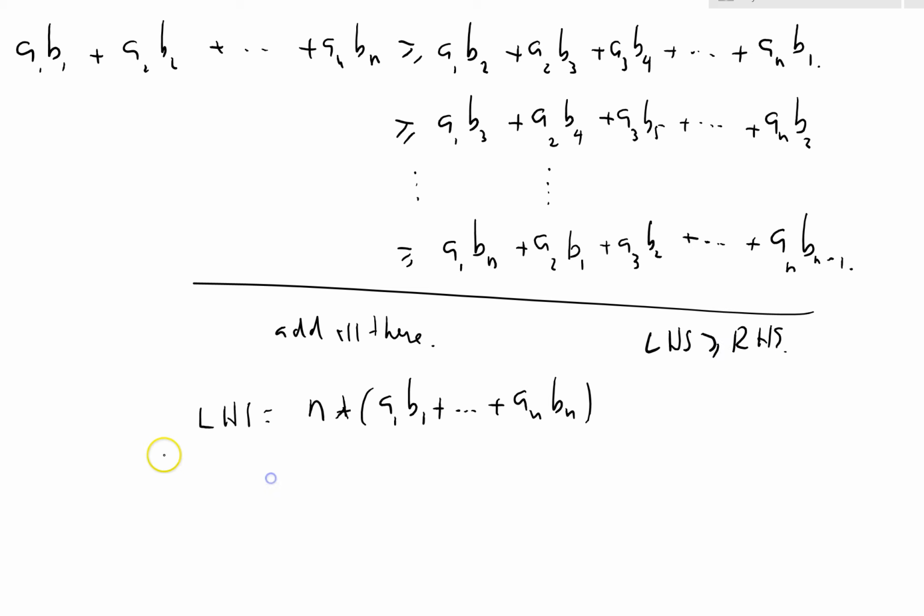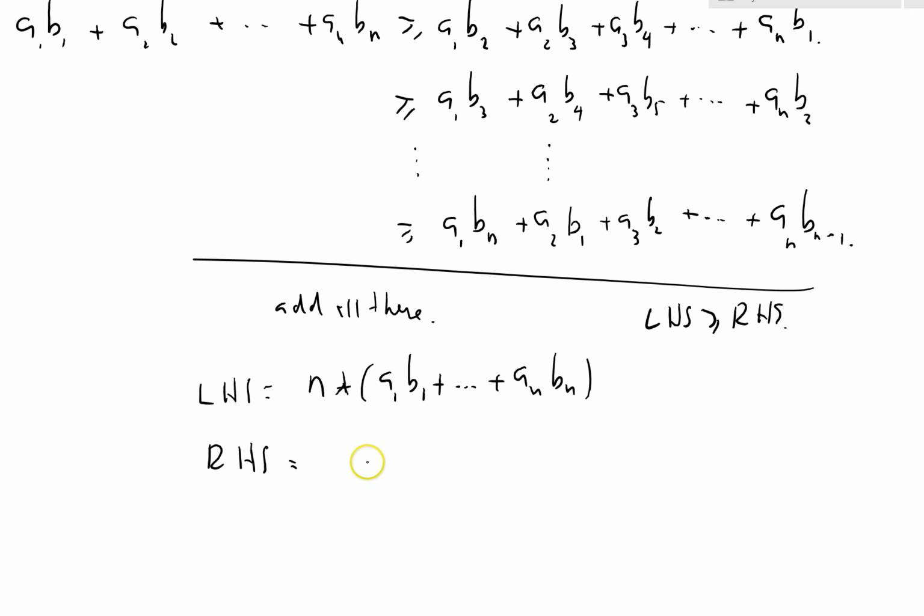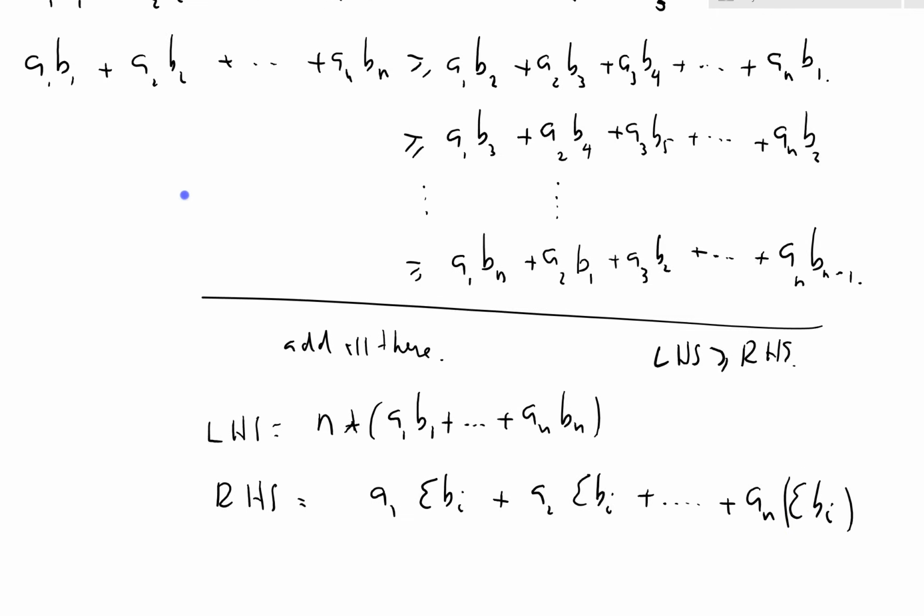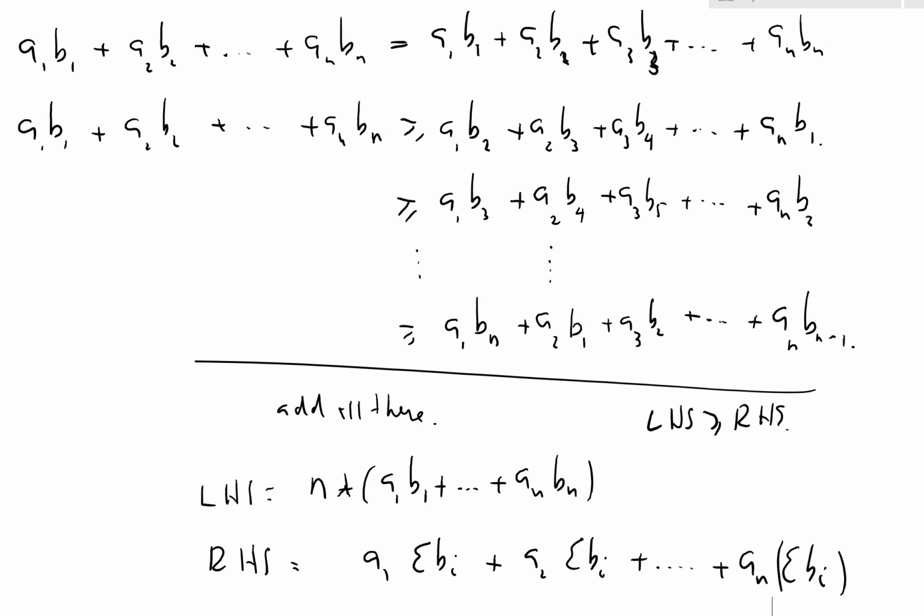I'll write that out again. Right-hand side equals, well, I'm going to factorise it. I'm going to say it's a1 times sigma bi plus a2 times sigma bi plus all the way through plus an times sigma bi. That's quite a clever step. What I'm doing here is factorising by a1 in columns.